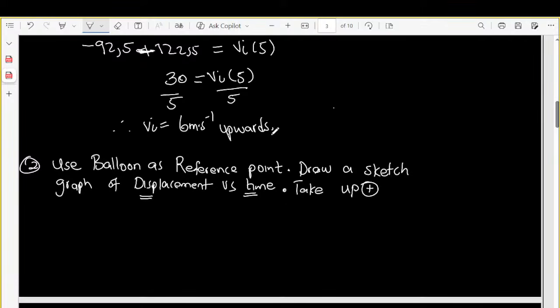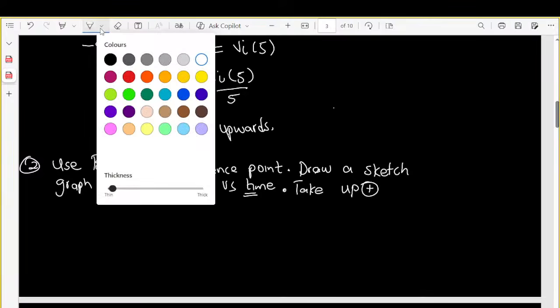So this is how you draw the graph. I'm going to explain everything now. Don't worry.